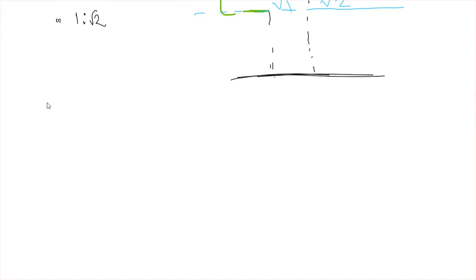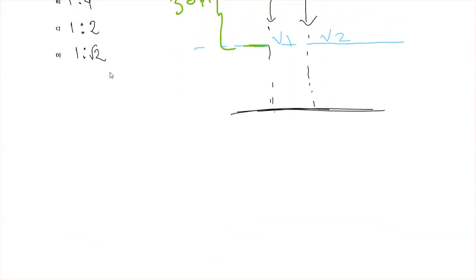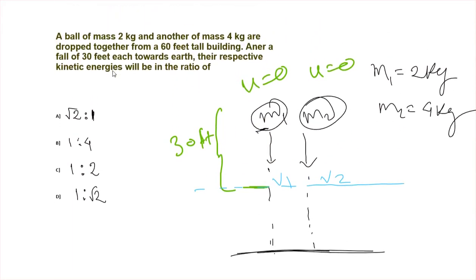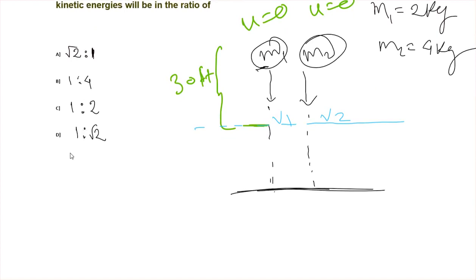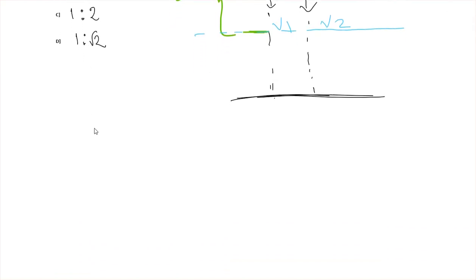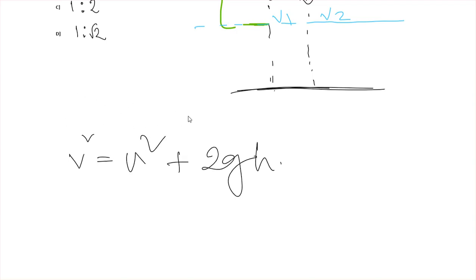So we can say that हम दो प्रोसेस से प्रोसीड कर सकते हैं. एक वर्क एनर्जी का कॉन्सेप्ट से, ये कंजर्वेशन ऑफ एनर्जी, एंड दूसरा है नॉर्मल काइनेमेटिक इक्वेशन से. Okay, so if we use the normal kinematic equation, v square equal to u square plus 2gh.